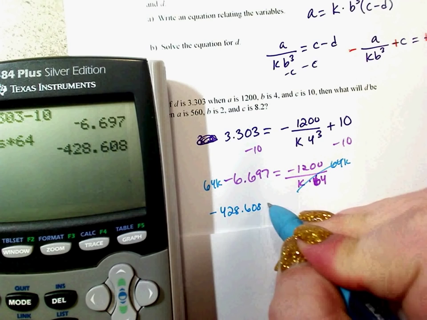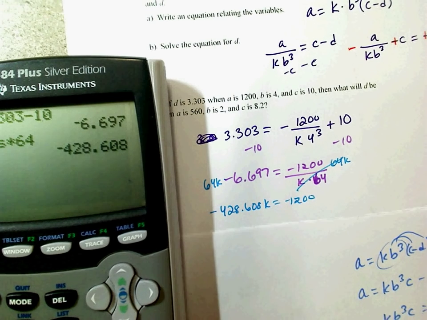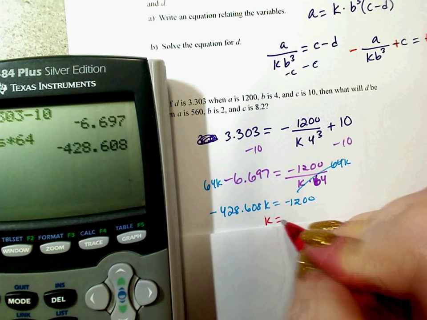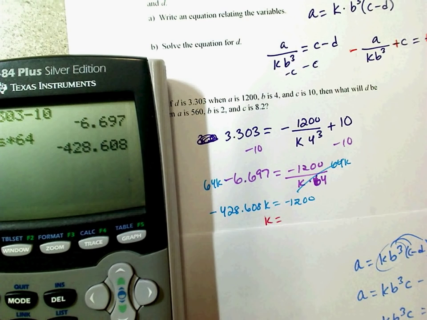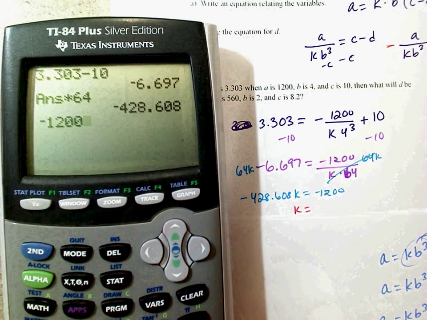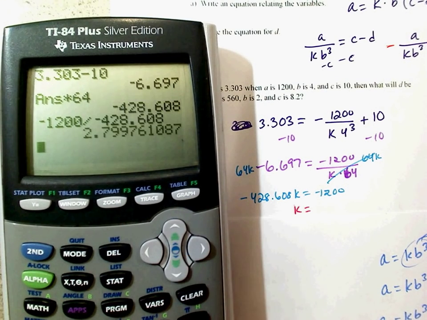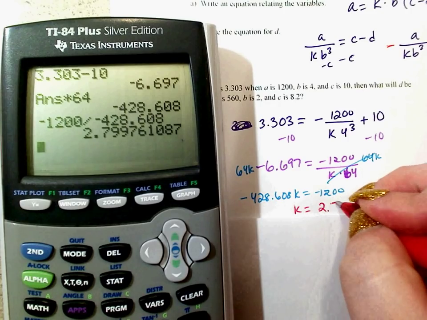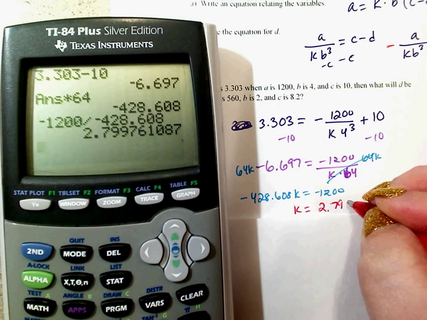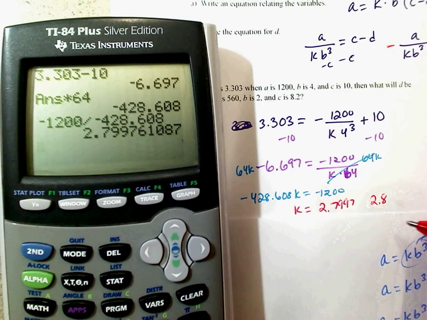And then I'm going to divide. So K equals negative 1200 divided by that number. And I get 2.7997, so we're going to go with 2.8.